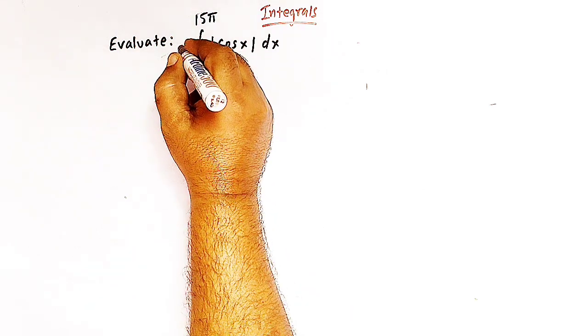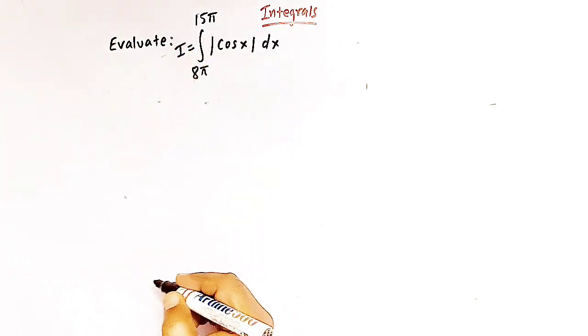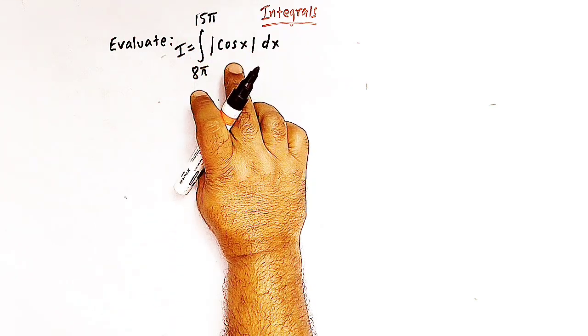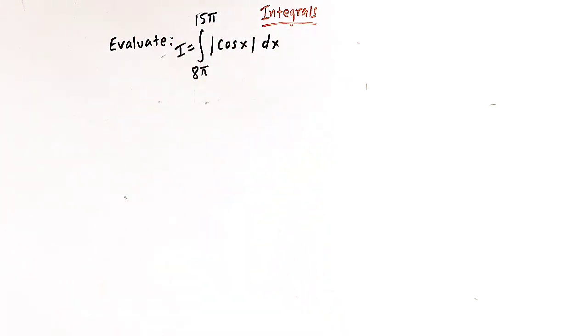So let us call this integral I. Now, in order to evaluate this integral, we have to make use of two important concepts. The first one is the concept of periodicity of functions, and then we'll make use of the concept of sign convention of trigonometric functions in four quadrants.